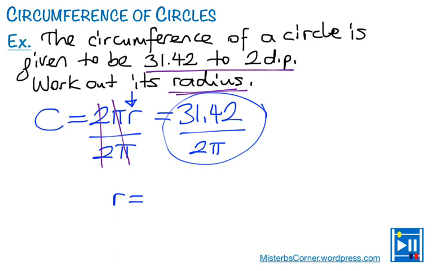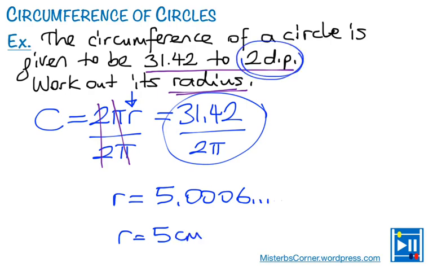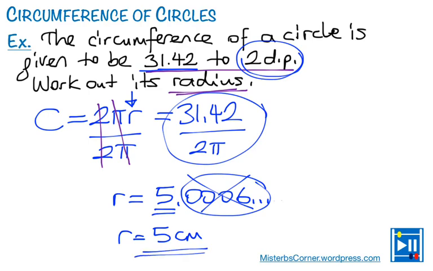When I do so, I get 5.0006 and so on. From here, I can conclude that r is 5 centimeters because I know that the circumference is rounded. So if I go with 5 only, that's totally okay because this is a very small decimal part. So I can just ignore this bit and end up saying that the radius is 5.